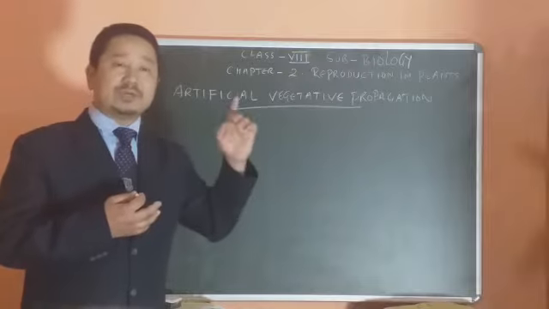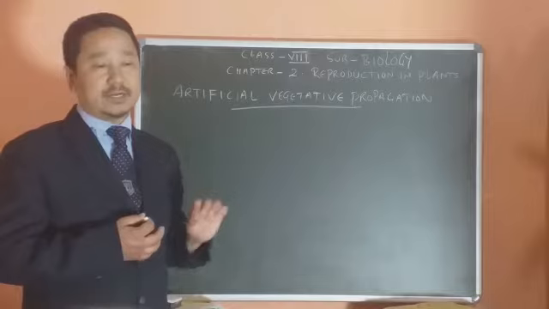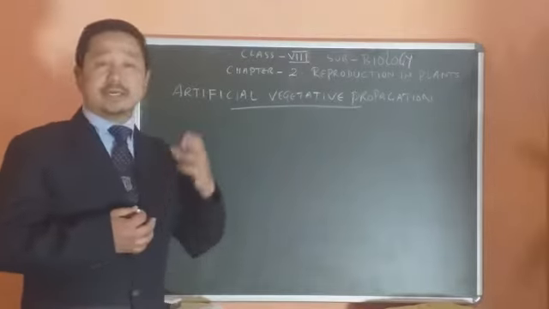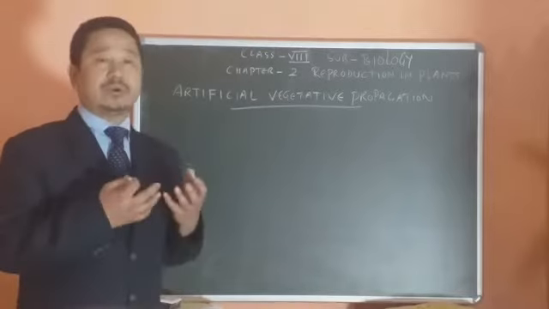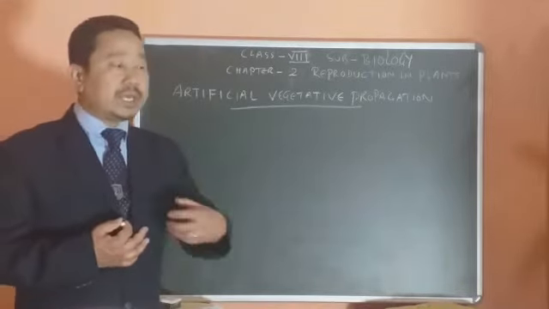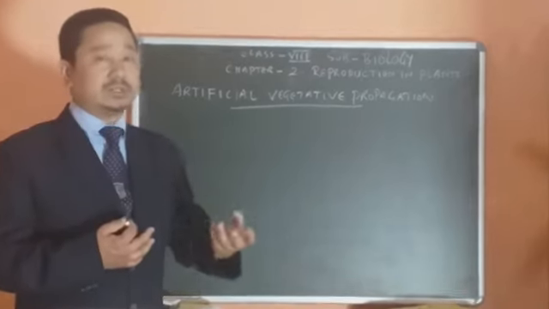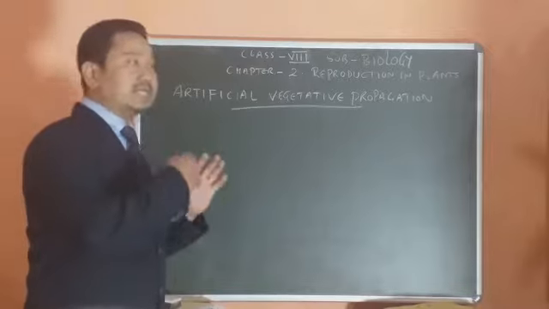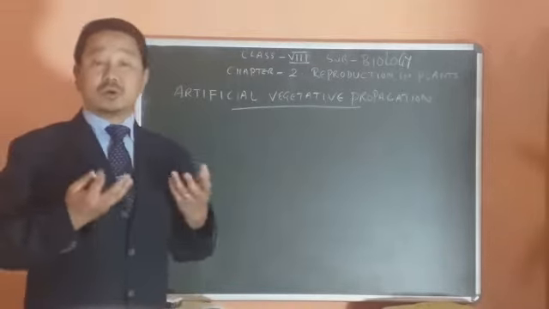Last time what we did was all natural vegetative propagation, natural asexual propagation. Today we are doing artificial vegetative propagation, where we interfere at our want. The plants are being propagated at our want. So what kind of plants? Plants that are useful to us.